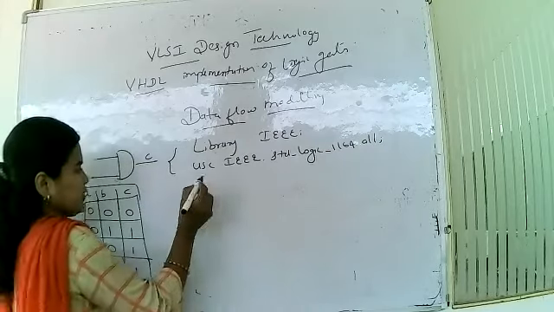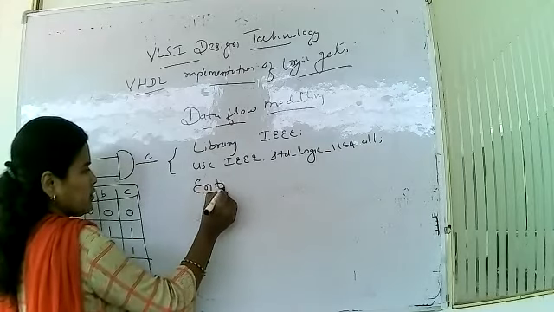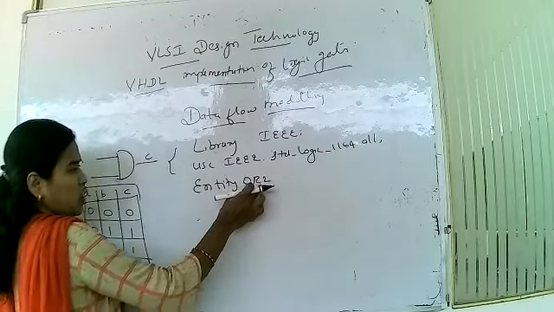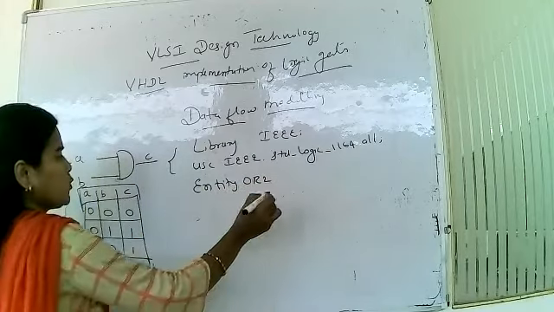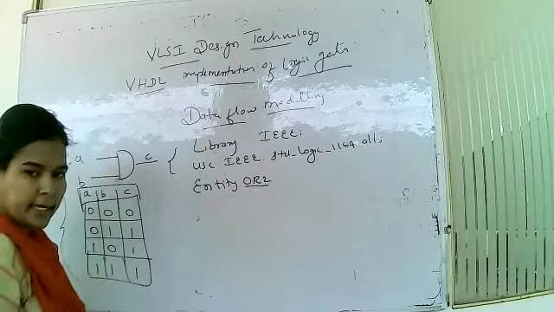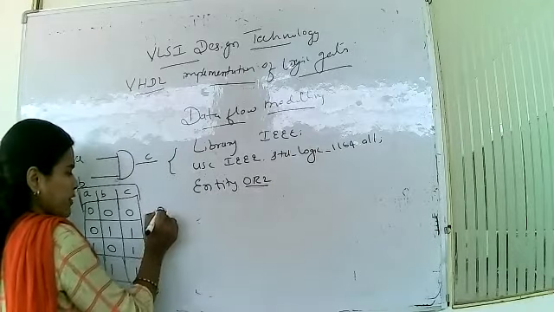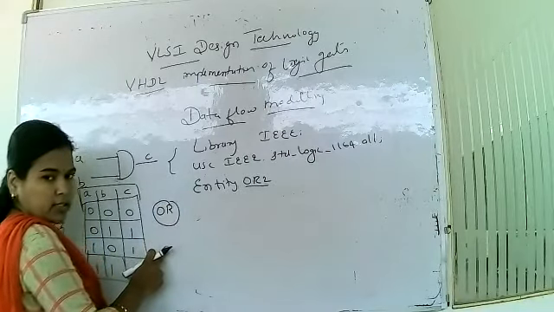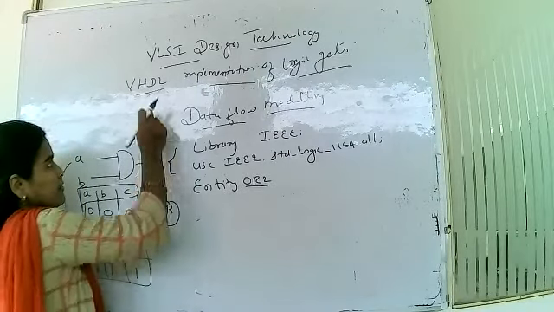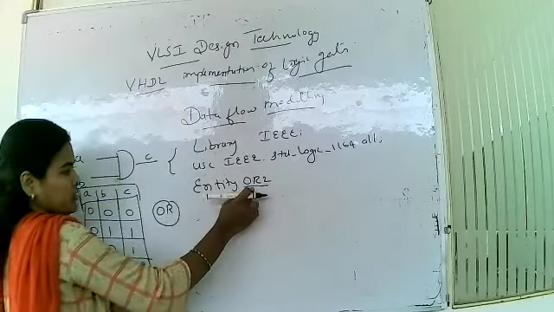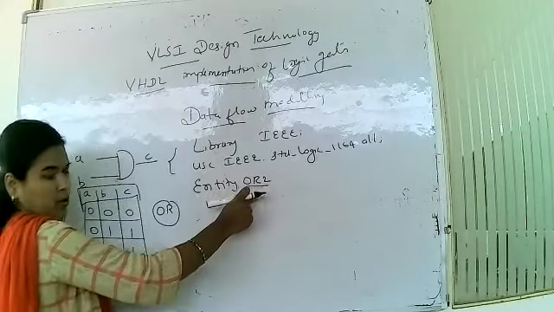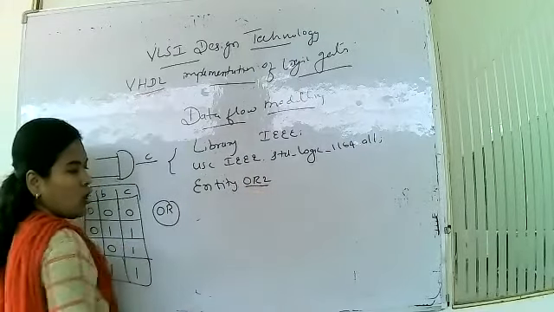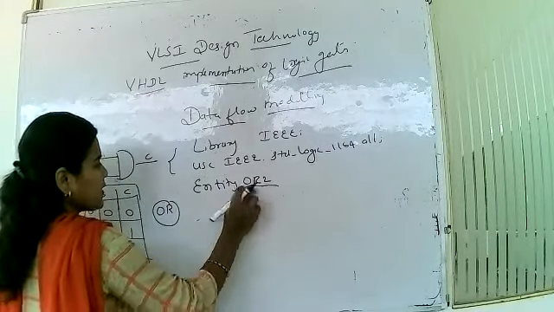Next we go forward to the entity, where we write the input and the output. The entity is named or2. Why are we writing the 2 here? Because we should not use a command or instruction which already exists in VHDL, so I am changing OR to or2 as the entity name.